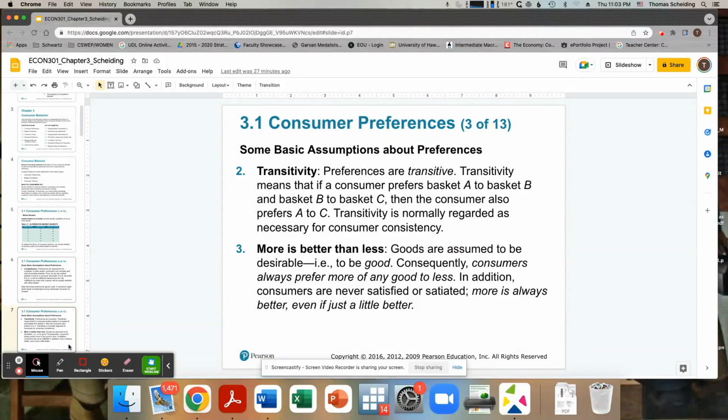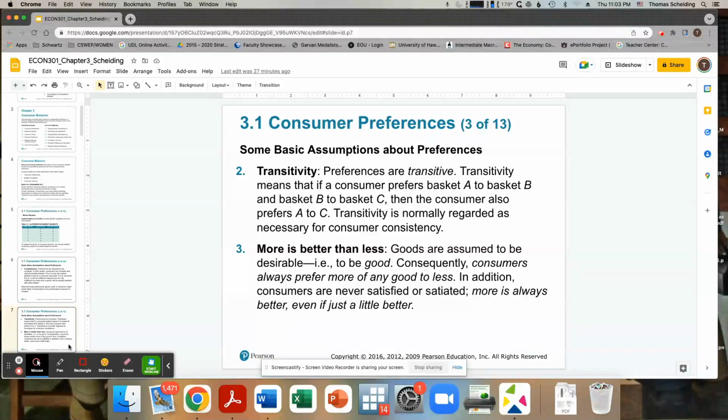The second assumption is transitivity. What transitivity basically means is that everything is well ordered, everything is logical.